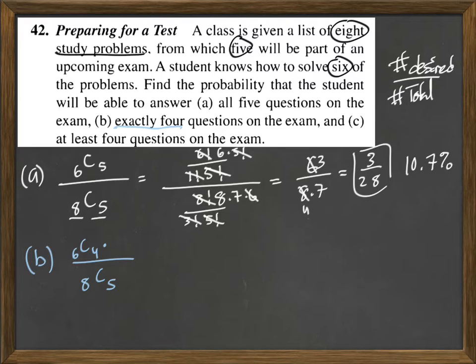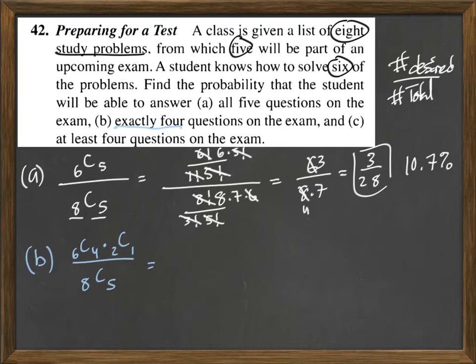Out of the 8 total, he doesn't know 2 of them, and 1 of those would be chosen. Now, that's kind of weird, huh? Now, the 6 plus 2 should be the total number of problems that can be chosen, and the 4 and the 1 added together should be the total number that are being chosen.